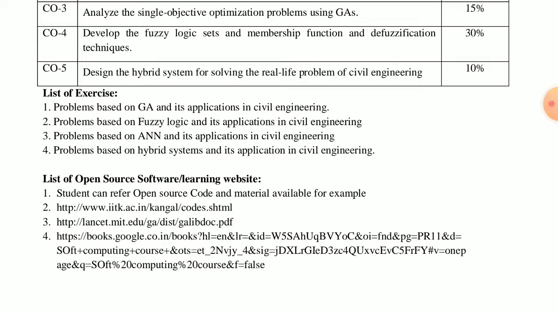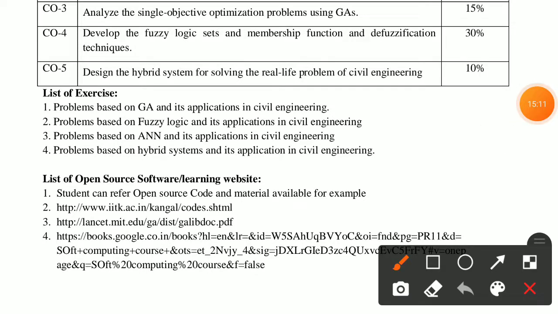Then problems based on fuzzy logic and its application in civil engineering. Means in this exercise we can implement these four different techniques in civil engineering: genetic algorithm, fuzzy logic, artificial neural network, and hybrid system. This basic theory and its application is used in civil engineering.